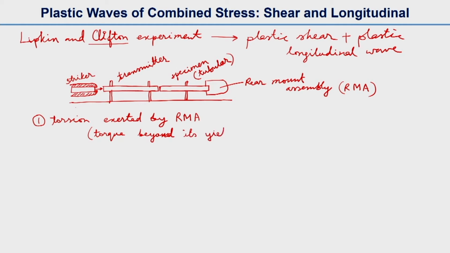Then after the torsion is exerted, the striker will hit the transmitter bar. There is actually a gas gun. The compressed gas gun will move the striker, and that will hit the transmitter bar. The specimen is already torsioned.